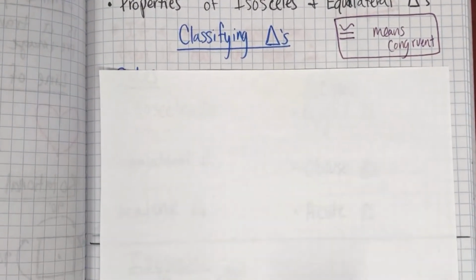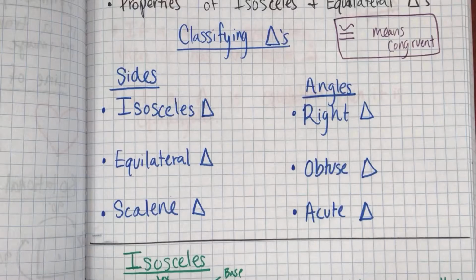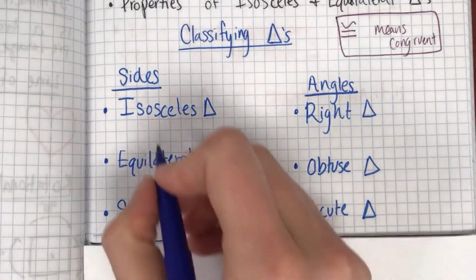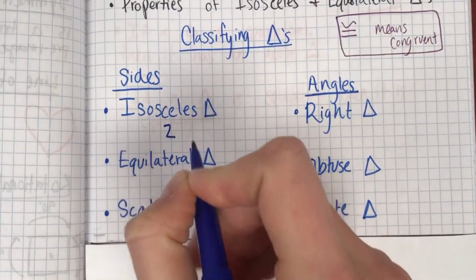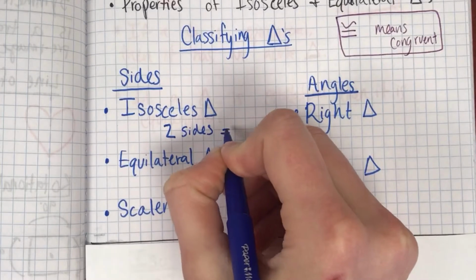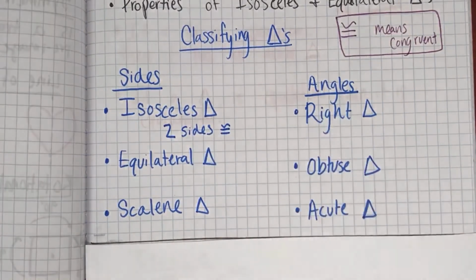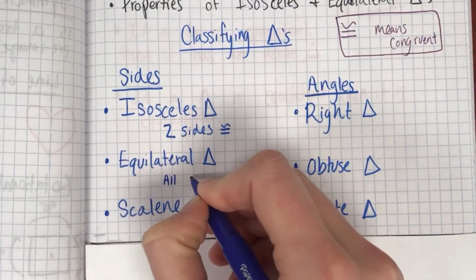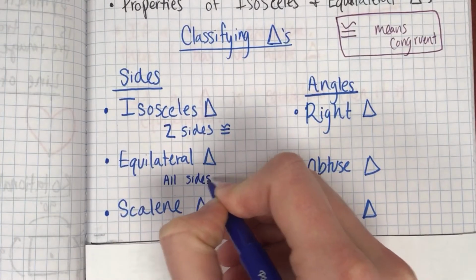All right, so looking at stuff, we can classify triangles by their sides. An isosceles triangle means that two sides are congruent. An equilateral means all sides are congruent.